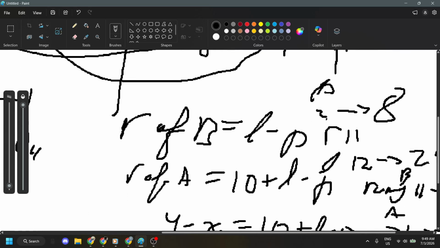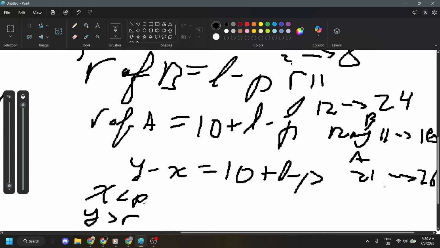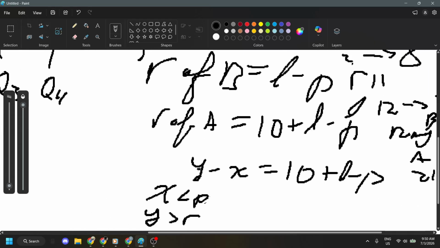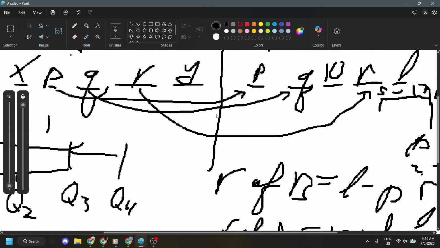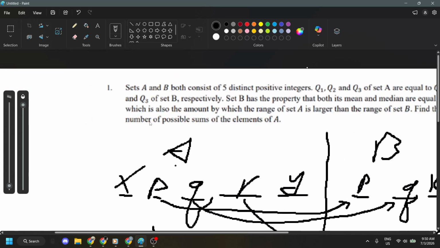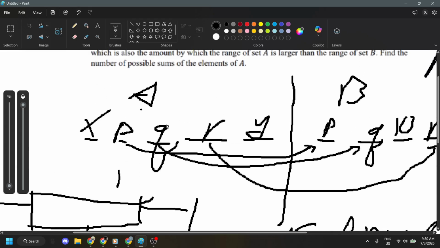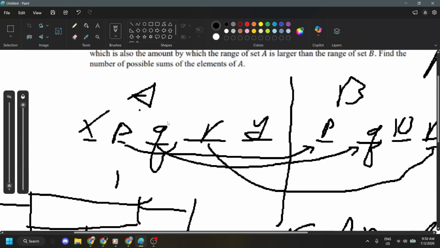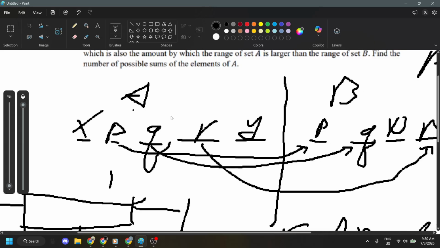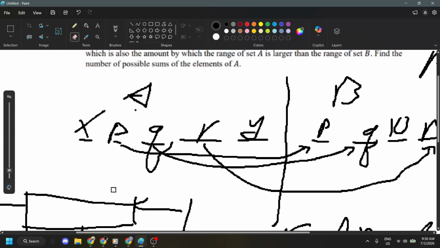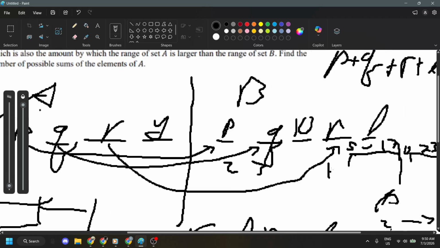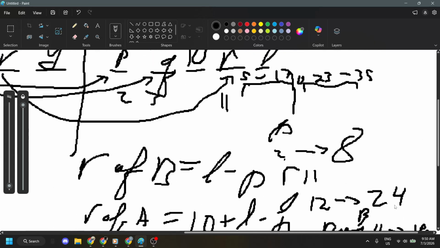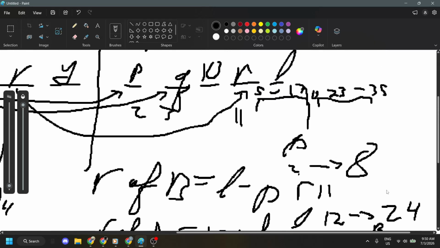Okay, now, so when P is 2 and 3, we have 2, 3, 11, and wait, what?